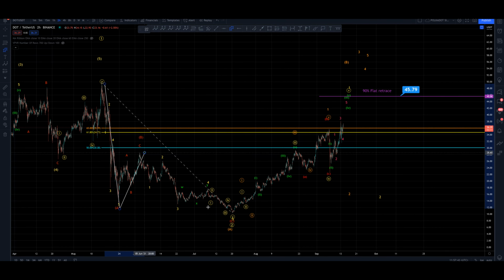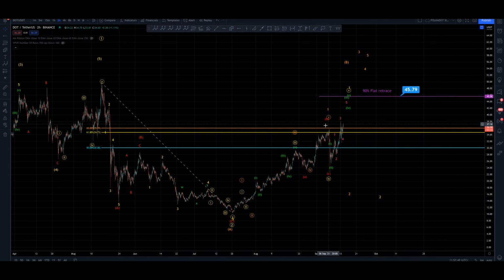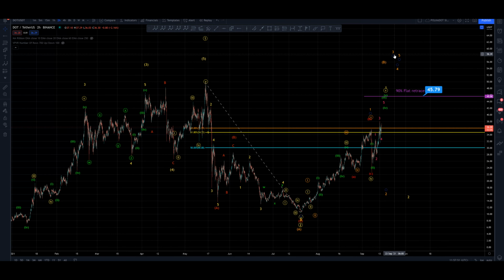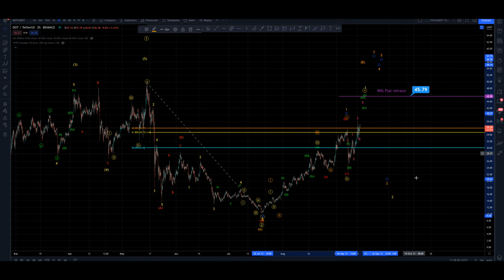A flat pattern could come down in 3, go up way beyond the previous high in 3, and then come down in 5 waves. So that's still an option as well, but for the meantime, I see further upside. For DOT, we may have this correction into a 2 down here, but then we will get further upside even more so, because that would be a very bullish count.